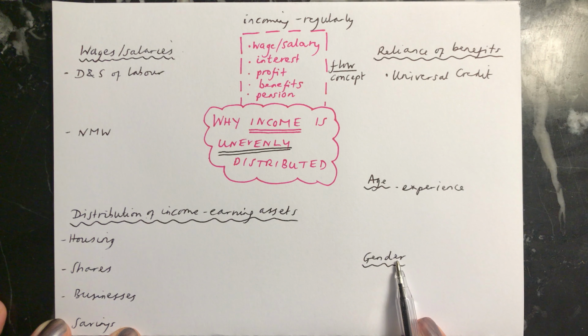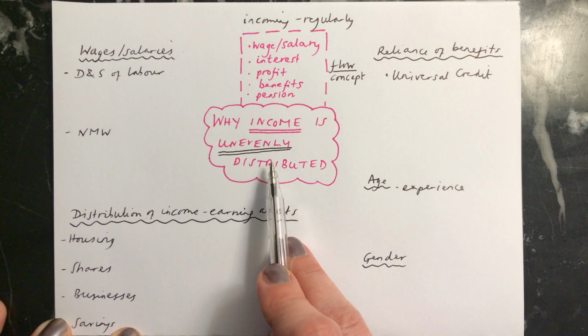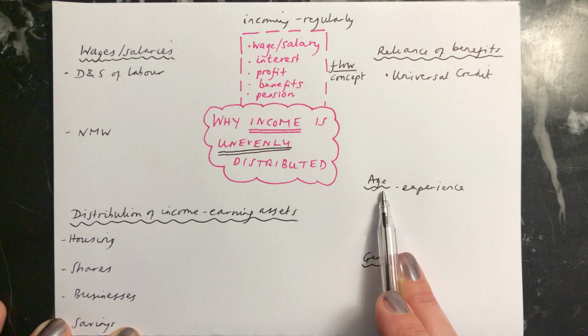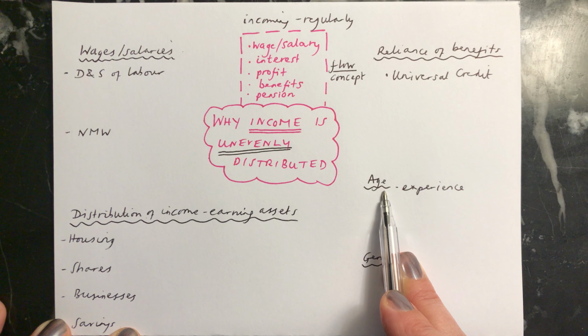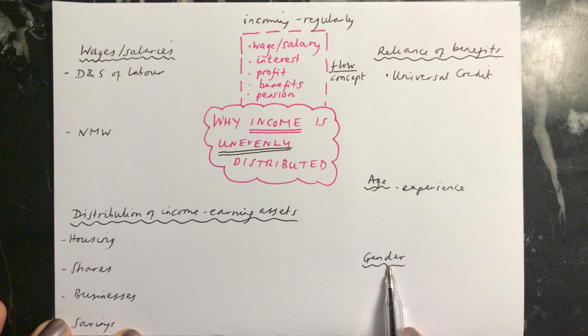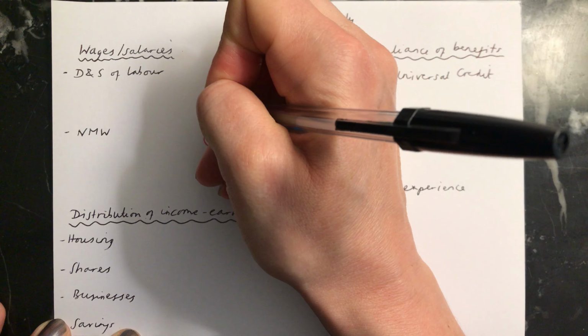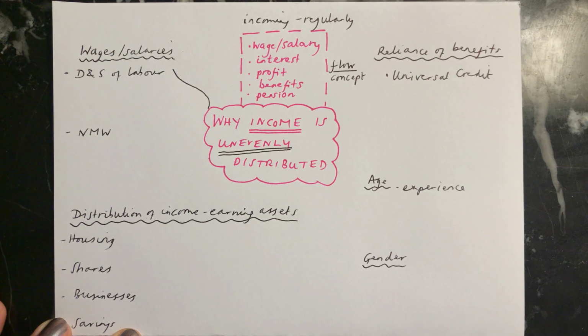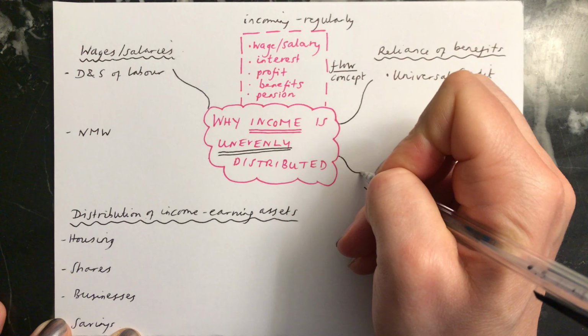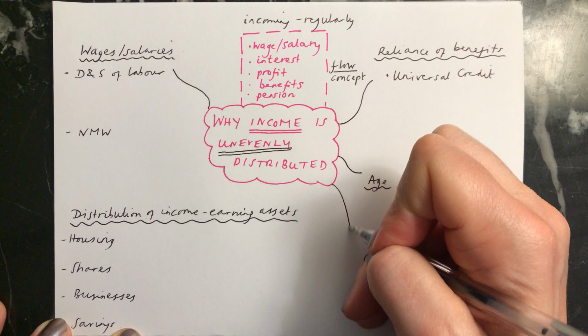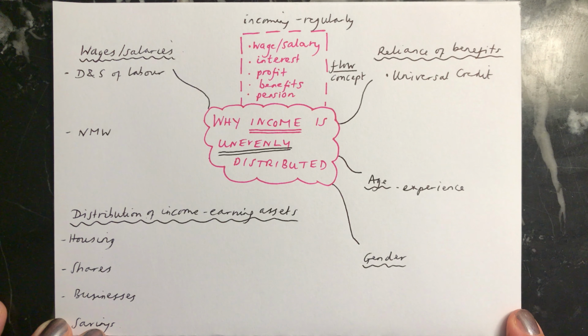They may say that she has less experience or something like that. But this can be another reason why income is unevenly distributed. So older people may be receiving higher incomes and sometimes men may be receiving higher incomes. So this covers wages and salaries being different, people relying on benefits, the age of somebody affecting their income, and also the gender of someone affecting their income.